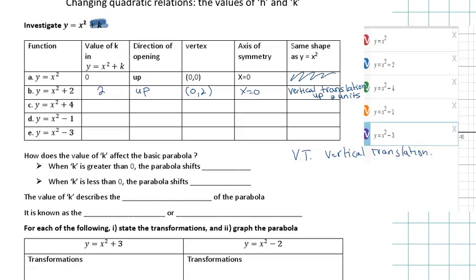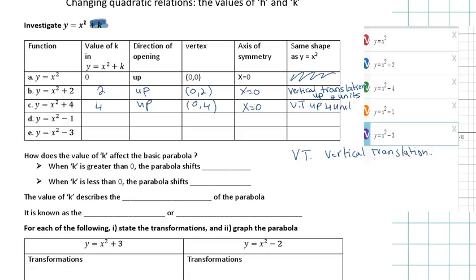So, what's the value of k here? 4. Direction of opening, up. Vertex, (0, 4). Axis of symmetry, x equals 0. And vertical translation up 4 units. Excellent.